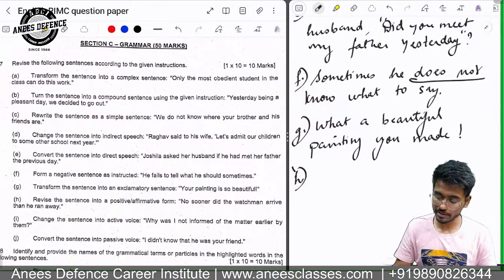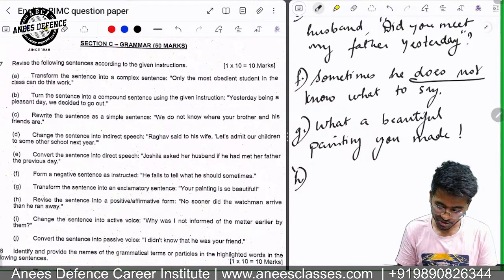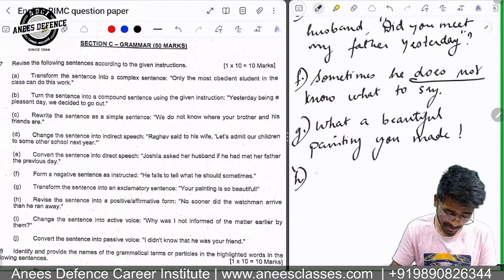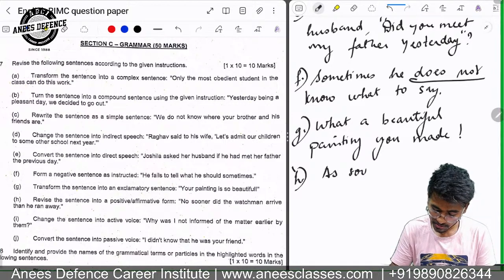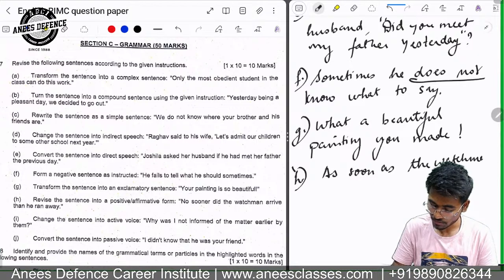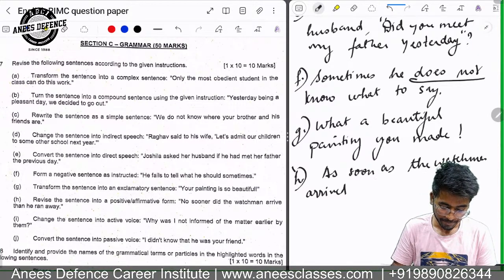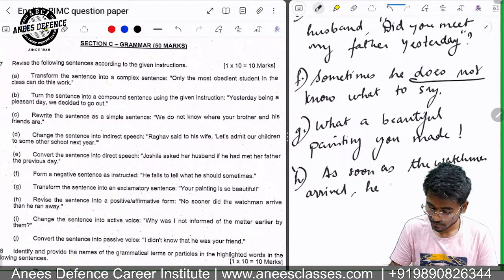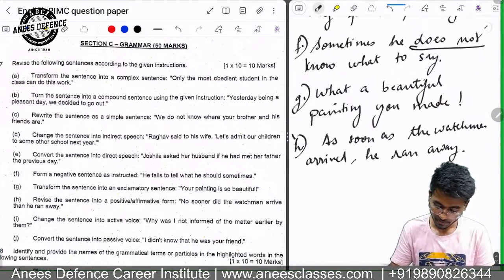So the positive statement of this particular question is nothing but, as soon as the watchman arrived, he ran away. Okay, this is a positive sentence which can be made.